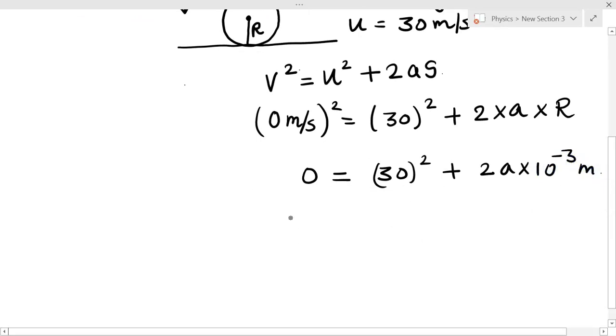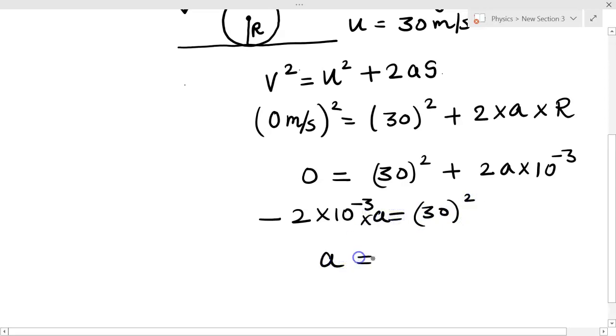So we will take this towards left, and this will become minus 2 into 10 to the power minus 3 meter. This will have the dimensions of velocity, meter square per second square. I am not writing these units, you can write them. So this is 30 square and into a.